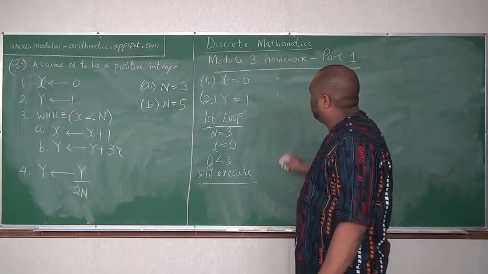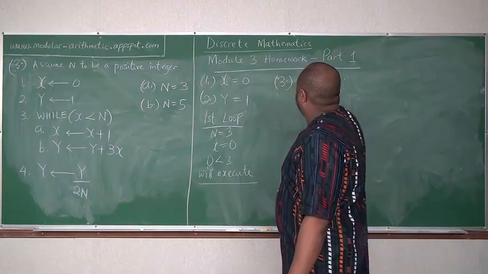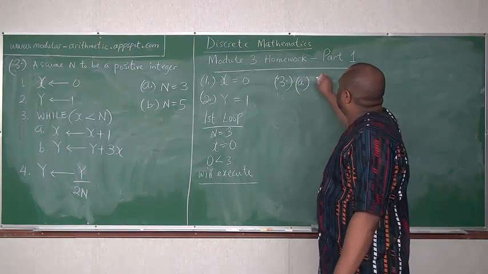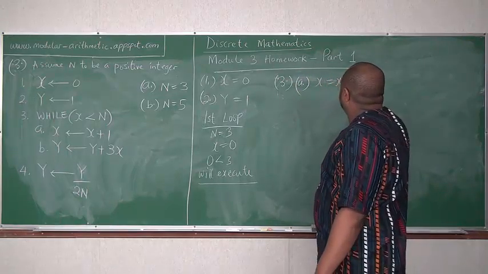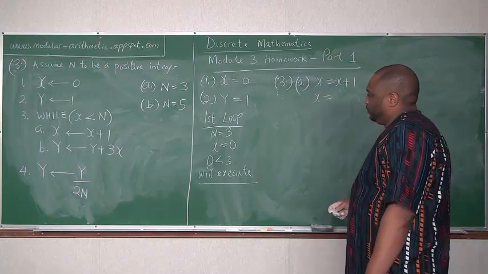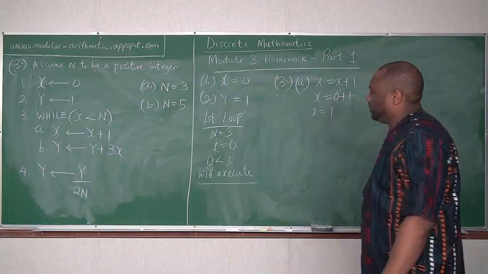We now have 3a, x is x plus 1, and x will be 0 plus 1, so x is 1.